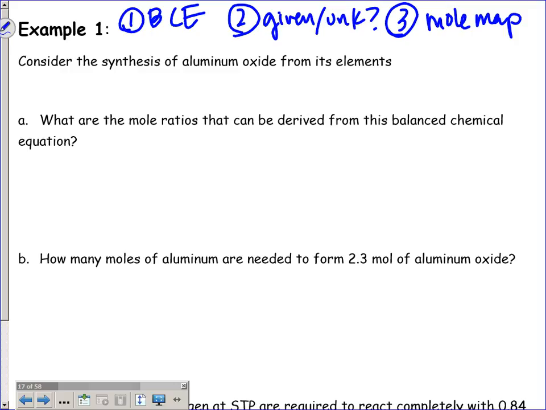That is on the right-hand side of the arrow. Help each other out too if you forget that you're crisscrossing charges.